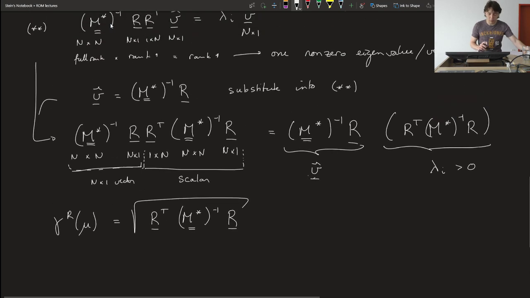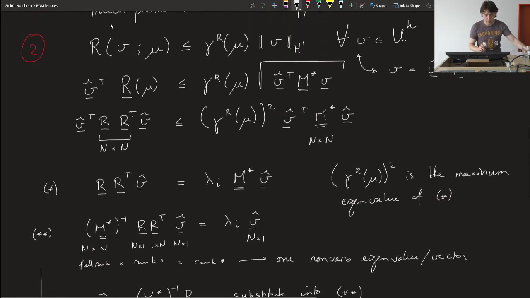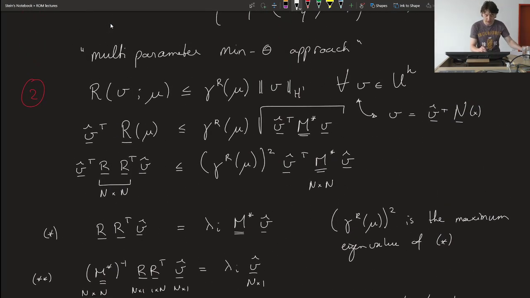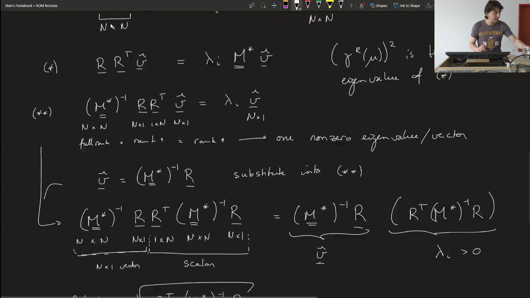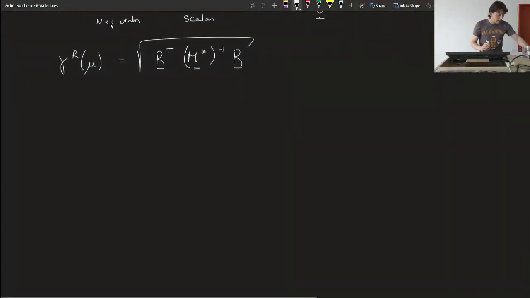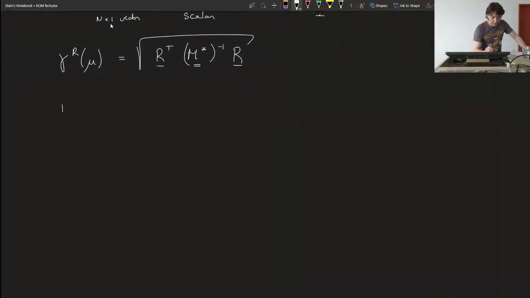Well, I've been dropping its parameter dependence from the start, but of course there should be a parameter dependence in here. So what was this vector? Well, we had r, and I'll reintroduce its parameter dependence just for clarification. Remember, that was the linear form minus the bilinear form where we have substituted our reduced basis solution in the first slot.